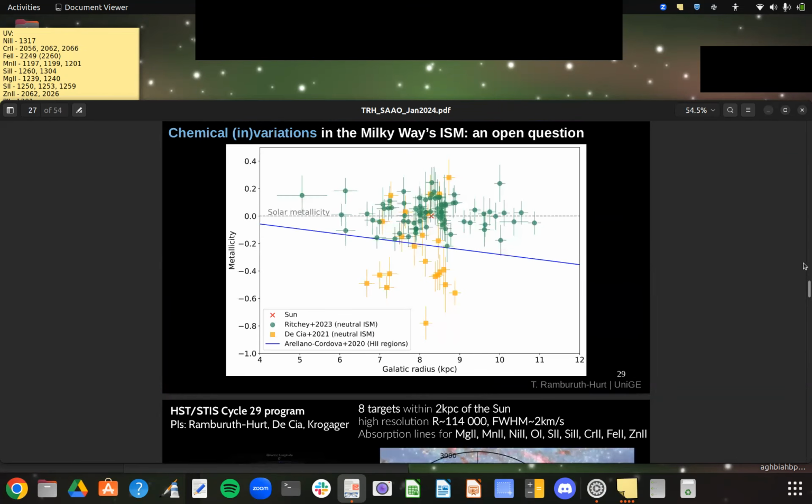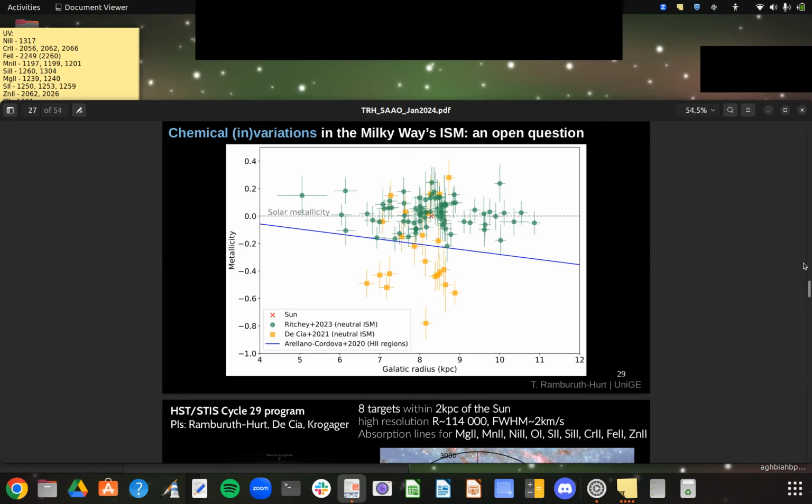So this is a literature compilation of 3 different papers: Ricci et al. 2023, Ricci et al. 2021, and then the general metallicity gradient taken from this paper based on H2 regions.